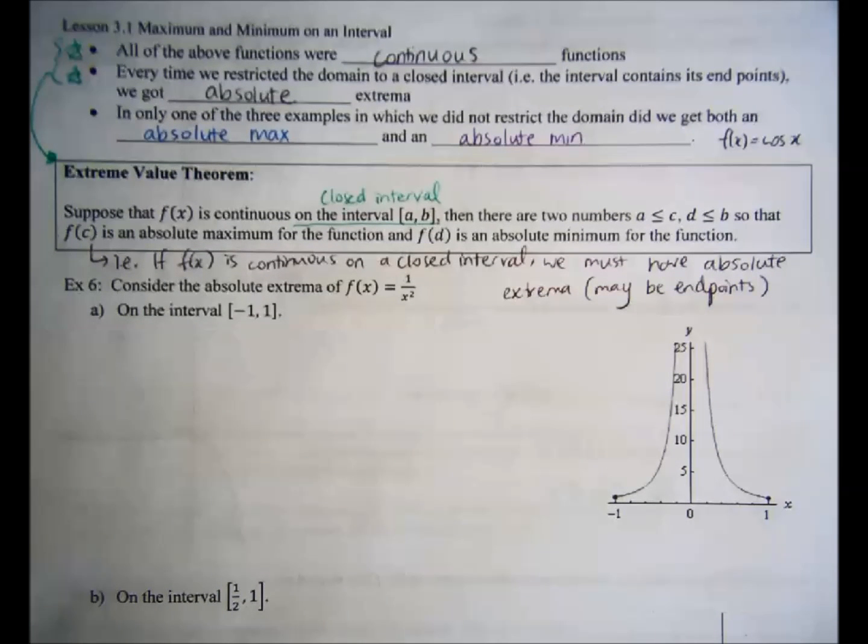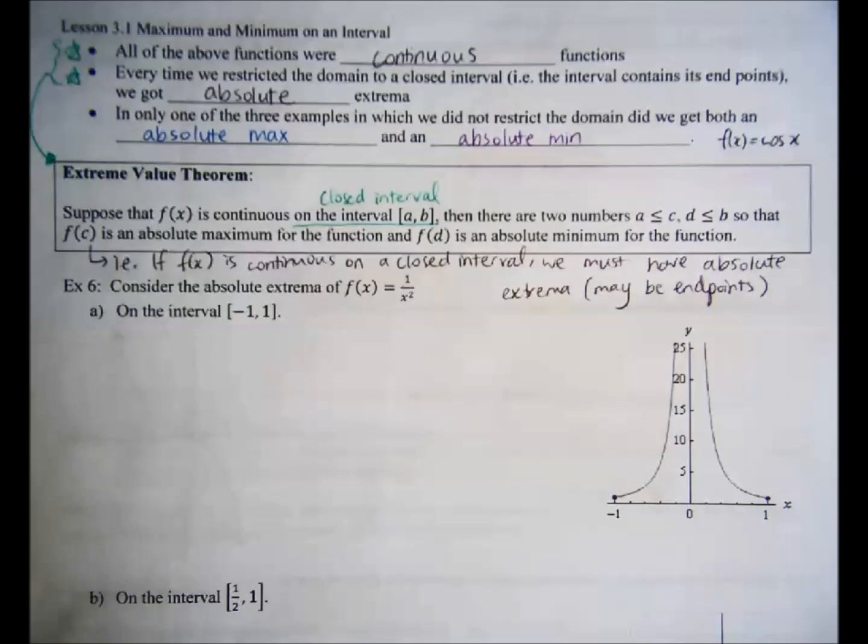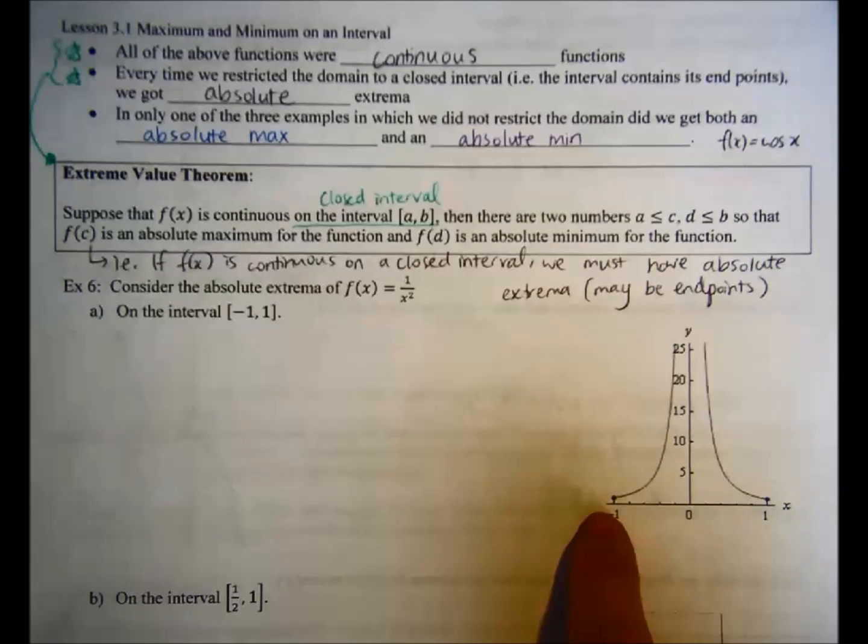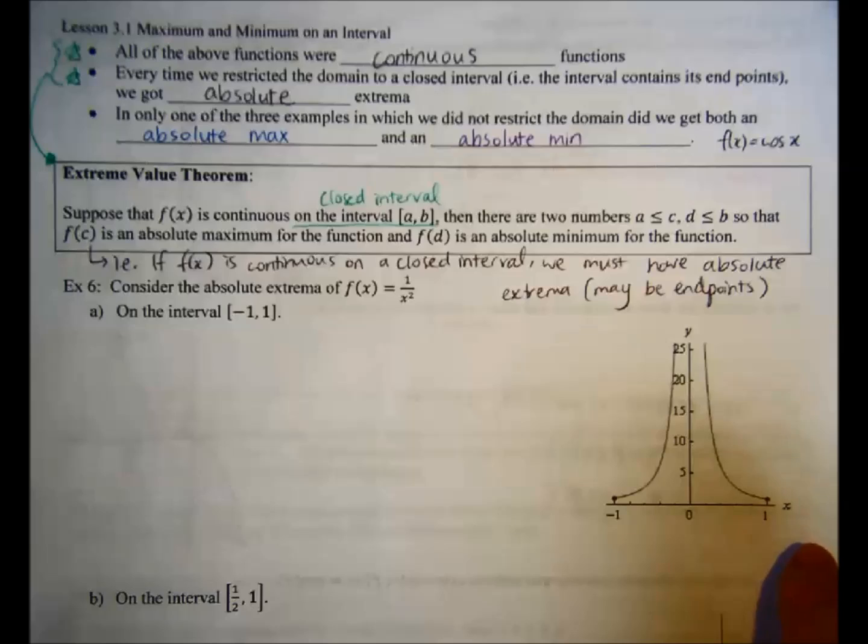Consider the absolute extrema of f of x equals 1 over x squared. It's a rational function. And we're given this closed interval between negative 1 and positive 1. As you can see, we have an absolute minimum at x equals negative 1 and at x equals 1.